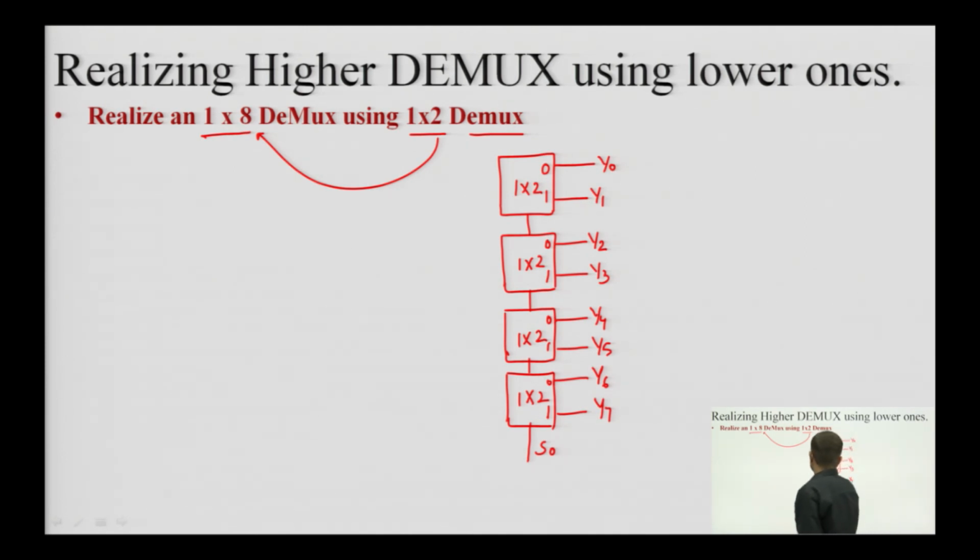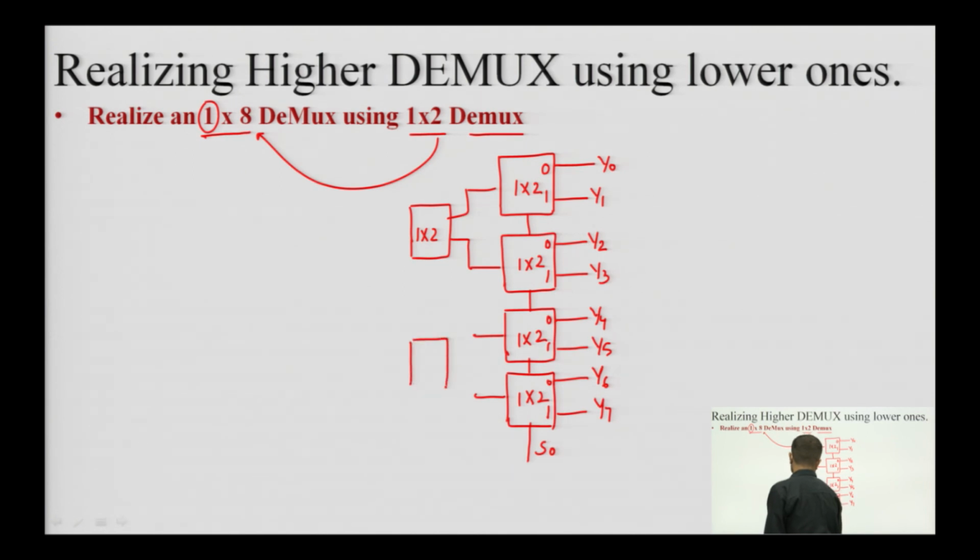These will have 4 separate inputs, but we have to realize only one input. For that we will be further using 1 cross 2 demultiplexers, with again the same labeling and a common select line which will be S1, and again there will be 2 inputs.